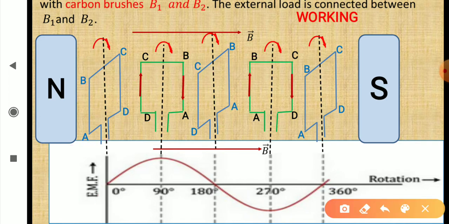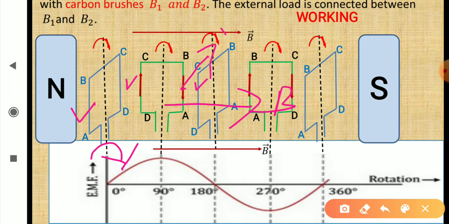Now it is turning clockwise like this, and side AB reaches this side in the plane of paper, and side CD reaches this side in the plane of paper. At this situation, the direction of magnetic field is the same, but side AB is moving inwards, perpendicular to the length of the conductor and perpendicular to the magnetic field.